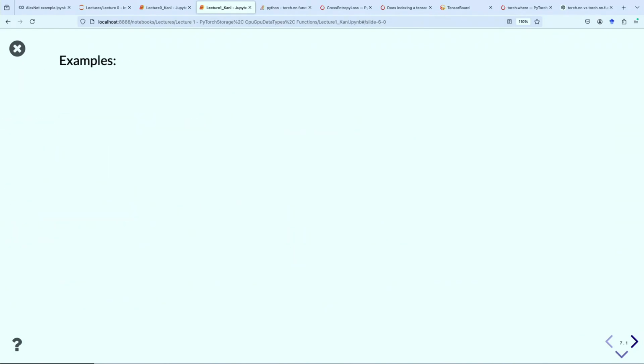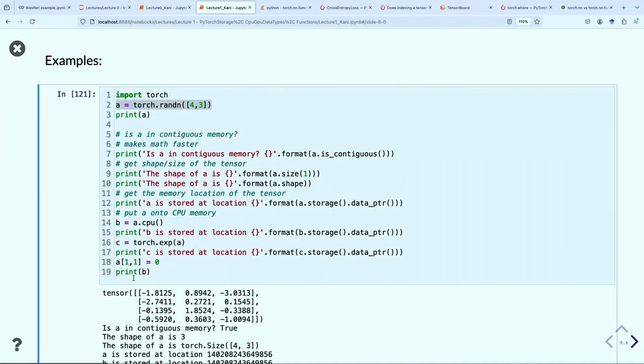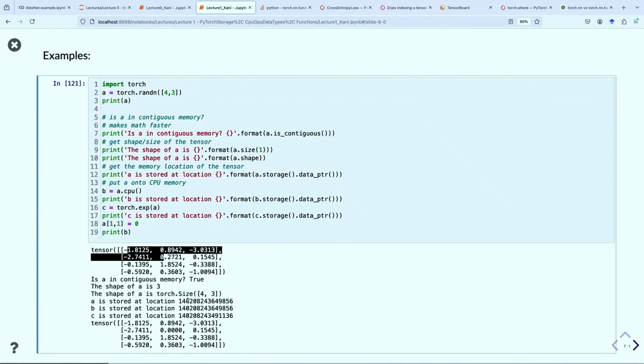As an example, we can initialize a random torch tensor like so. Let me zoom out. There we go. We can initialize a random torch tensor, and we can test if the tensor is contiguous. There's a nice little helper function from PyTorch that allows you to check if the memory is contiguous and check what the size of the memory is.